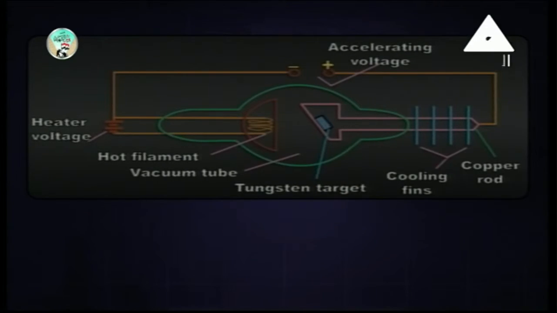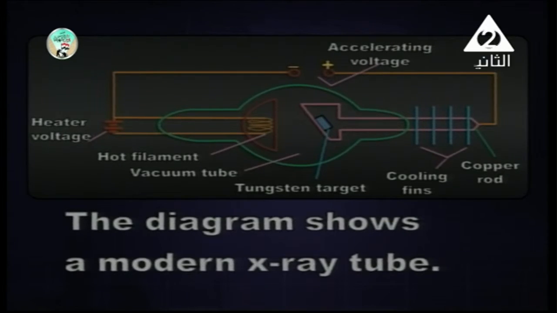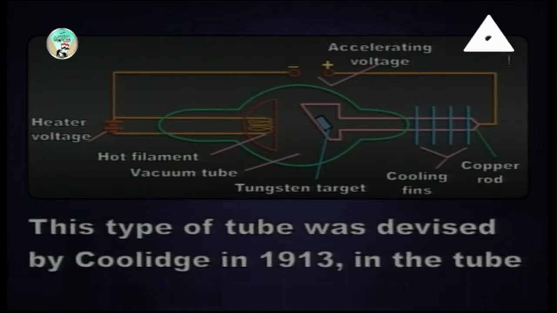Structure of the device is shown in front of you, and we'll talk about each component of the device. The diagram shows a modern X-ray tube called Coolidge tube. This type of tube was devised by Coolidge in 1913.